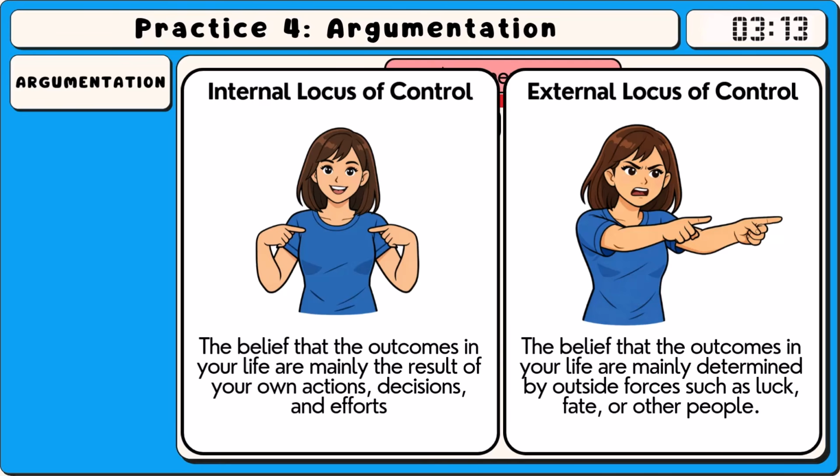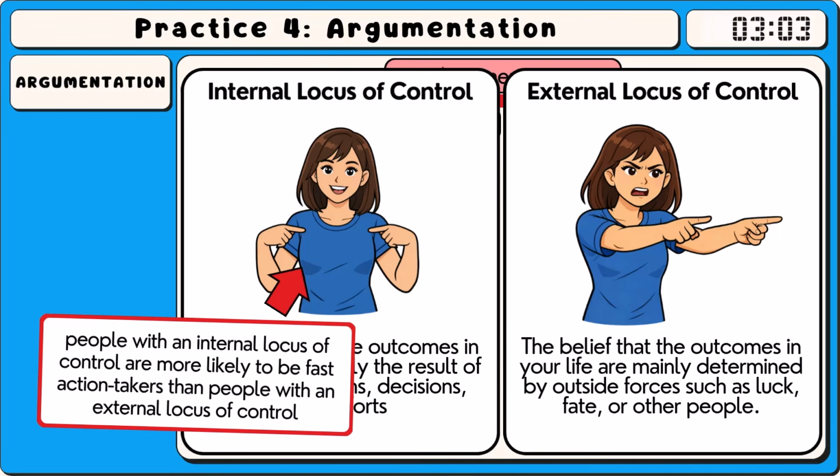By contrast, an external locus of control is the belief that the outcomes in your life are mainly determined by outside forces such as luck, fate, or other people. Essentially, these studies help support the idea that people with an internal locus of control are more likely to be fast action takers than people with an external locus of control, because they fundamentally believe that their actions can have a positive impact on outcomes.